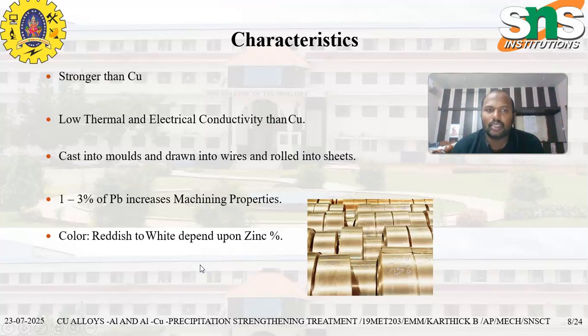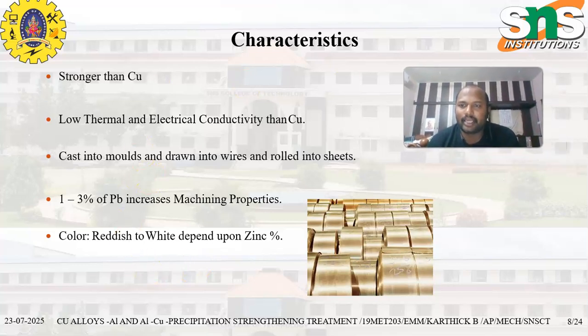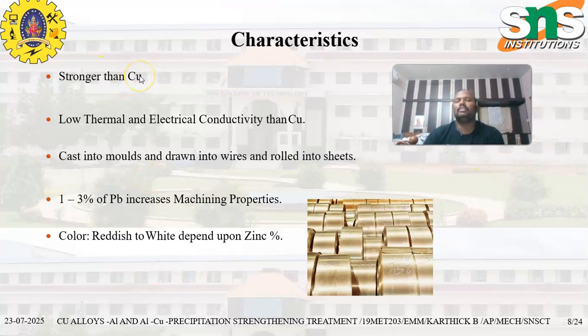Brass is stronger than copper, because pure copper has less strength, and zinc increases the strength. So this copper alloy, brass, is stronger than copper.